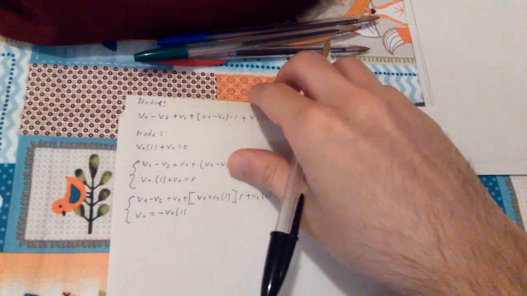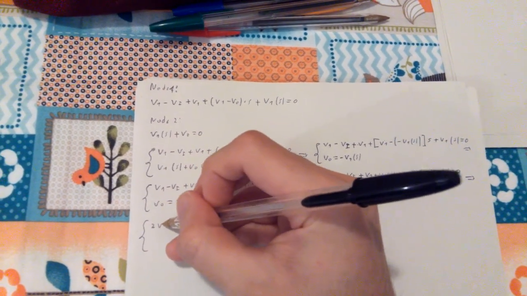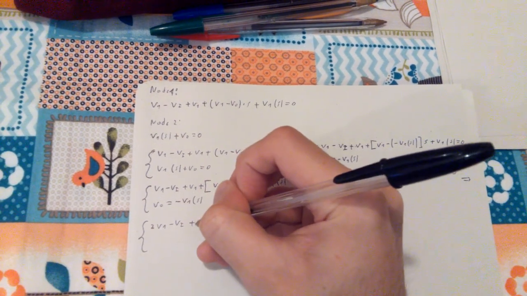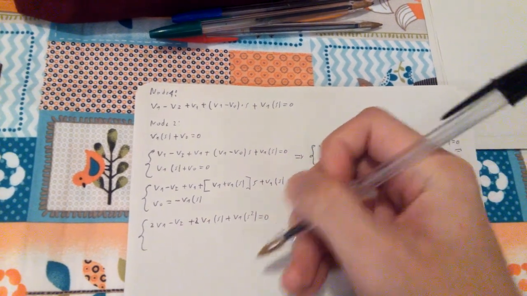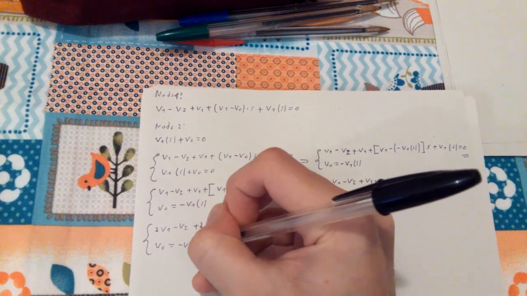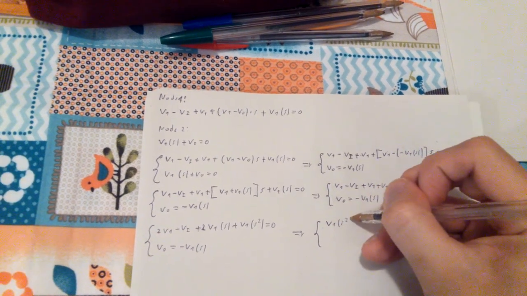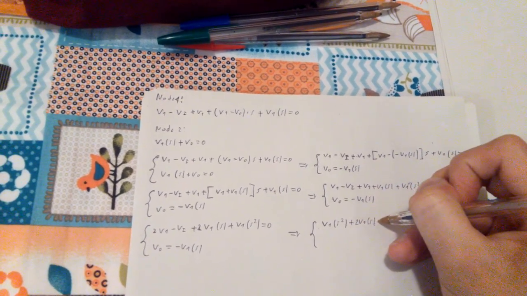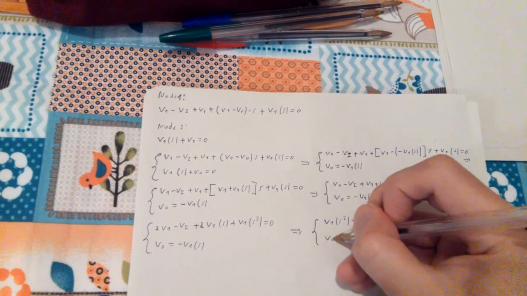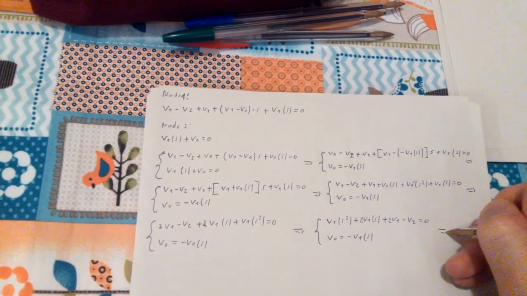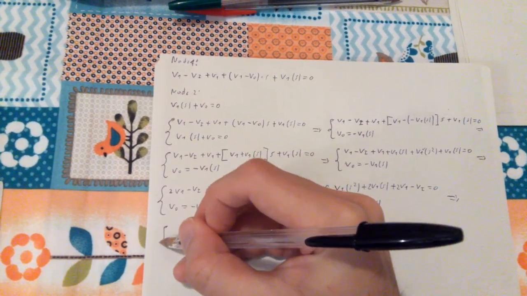So then we're going to have 2V1 minus Vi plus 2V1 of S plus V1 of S squared equal to 0, and V0 equal to negative V1 of S. So V1 of S squared plus 2V1 of S plus 2V1 minus Vi equal to 0, and V0 equal to negative V1 of S. We are almost there.